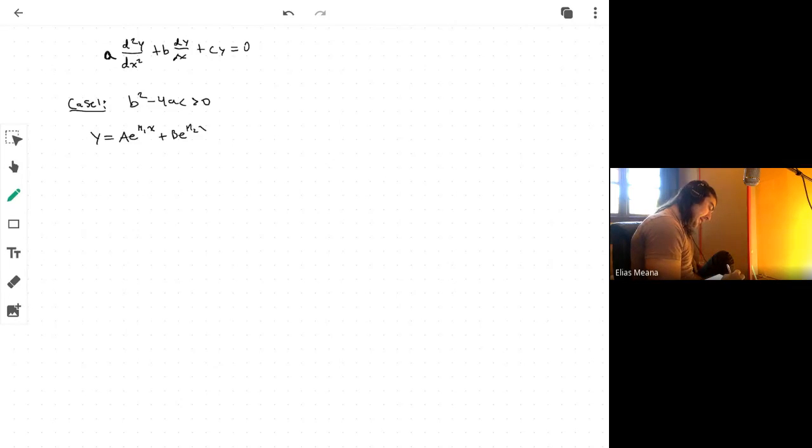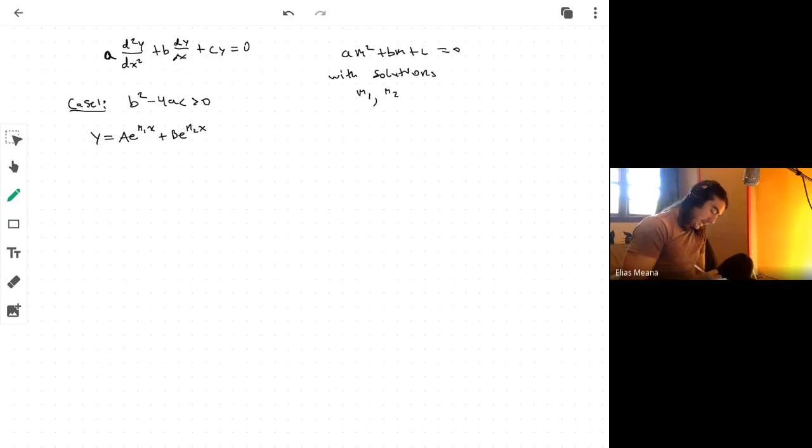I should say the auxiliary equation has solutions m1 and m2. All right, so that's our first case. Easy peasy. Our second case, case 2, we have b squared minus 4ac less than 0.